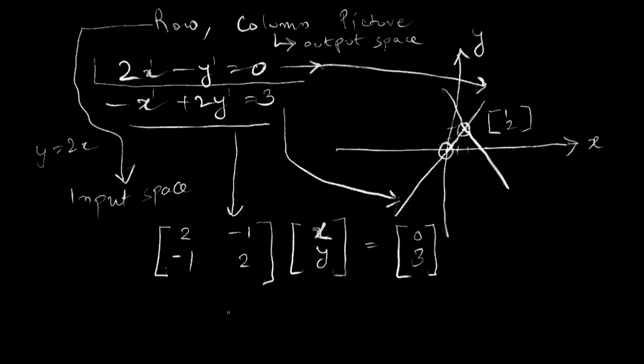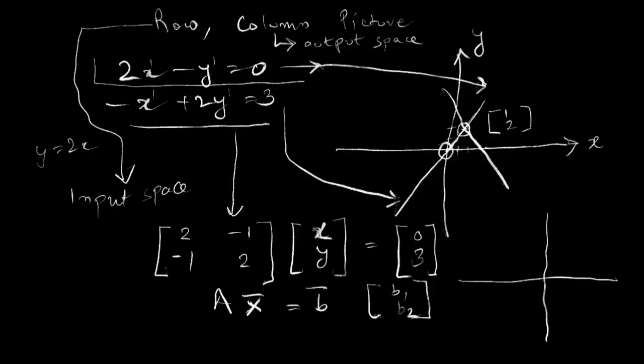This is written generally in the form Ax. This x is capital, and this is b. This is the vector. So this b, which is essentially b1, b2, is the output axis. So if we draw this, this is b1, this is b2.